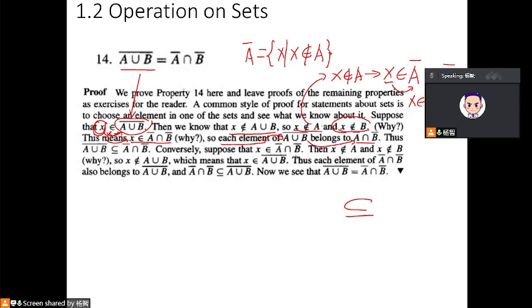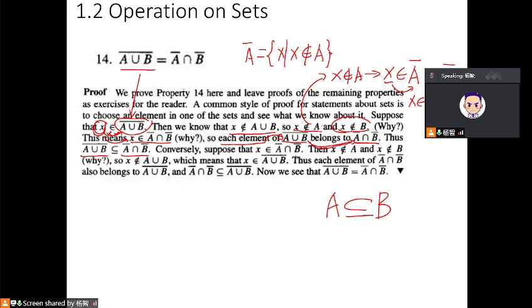If the element in A belongs to A, then belongs to B, and we have the set A is contained in set B, or the set A is a subset of set B. So if an element belongs to this set, then belongs to this set, we can say the left set is a subset of the right set.